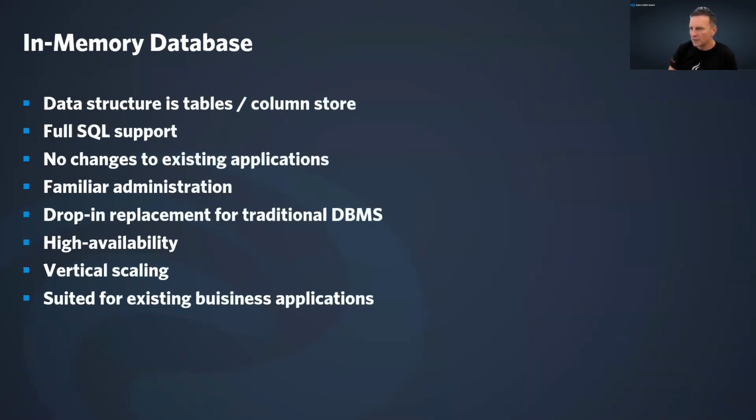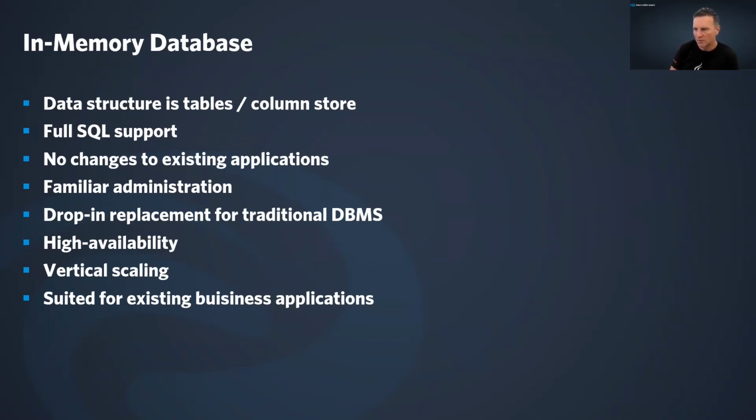Summary here again, the data structure here is still relational or column store mostly. This is the difference between the distributed cache and in-memory data grids. We have full SQL support. It's pretty much the same, so administration is the same.